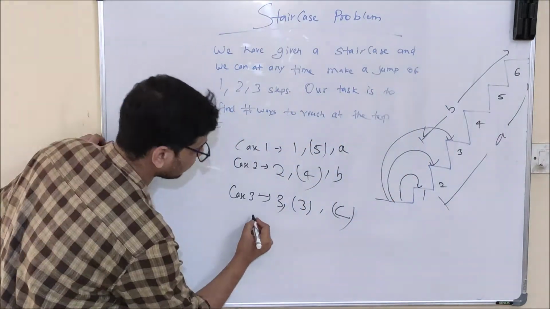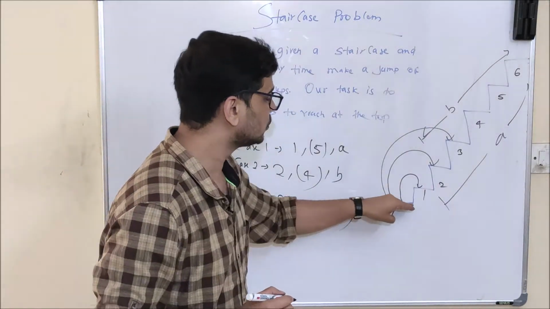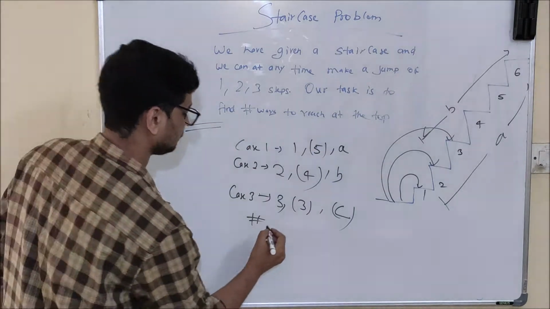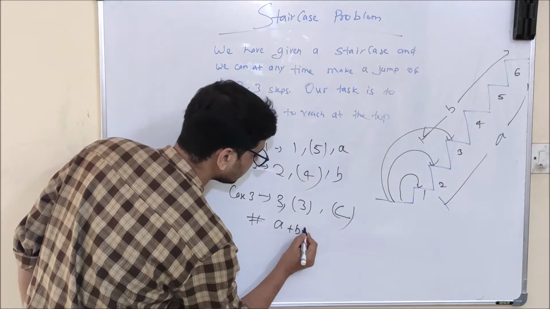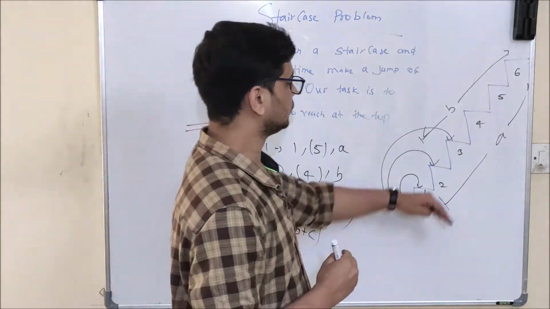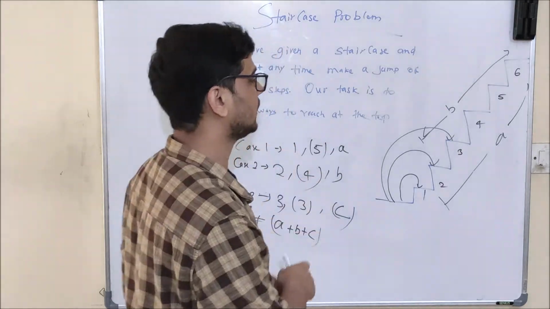So the total number of ways in which we can jump a staircase of 6 stairs is the sum of these 3: A plus B plus C. Okay, and for the time being, just forget how we are going to find A, B and C. That I will tell you later.